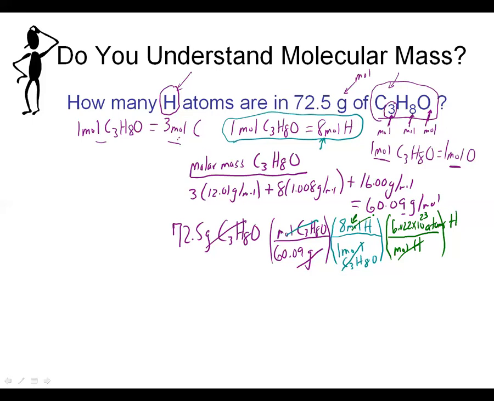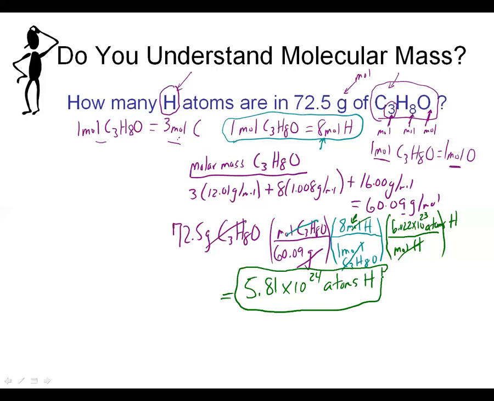And that is going to give us, looks like, 5.81 times 10 to the 24 atoms of hydrogen in this case. Any questions on any of those steps?